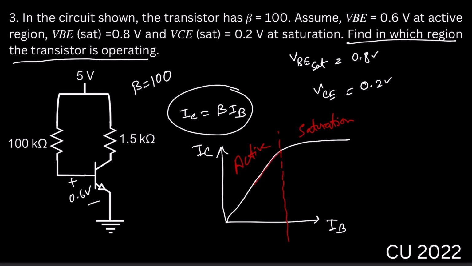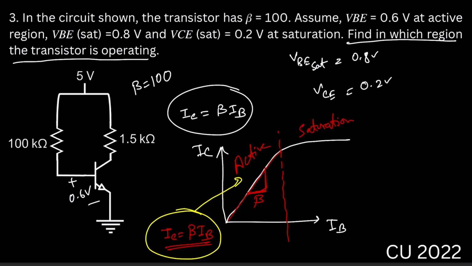We call this slope beta. That's why we write down IC equal to beta into IB. This expression is only valid for the active region. For the saturation region, we cannot write IC equal to beta into IB, right? As you can see, it's already saturated.